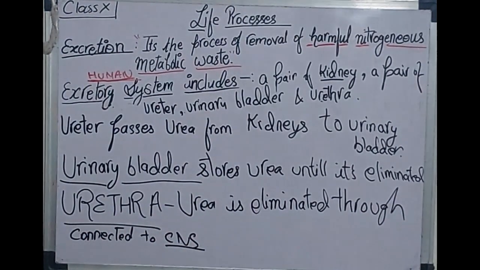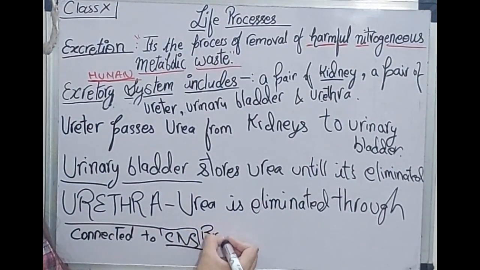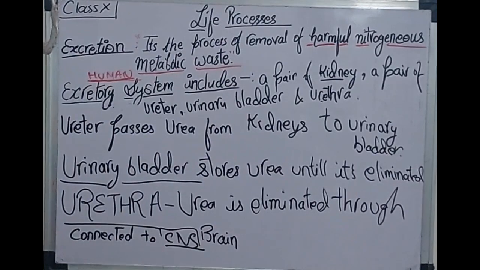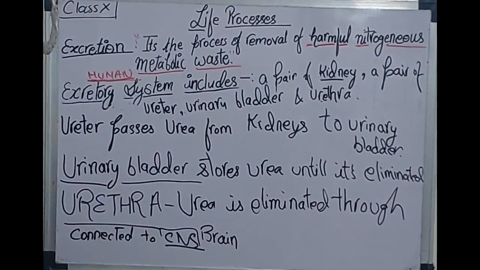CNS का full form बोले तो Central Nervous System. Okay, और you can just write brain instead of central nervous system. तो अब कोई organ brain से connected है, then we can actually control the urge to urinate.